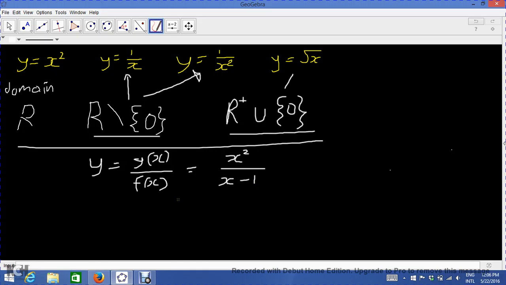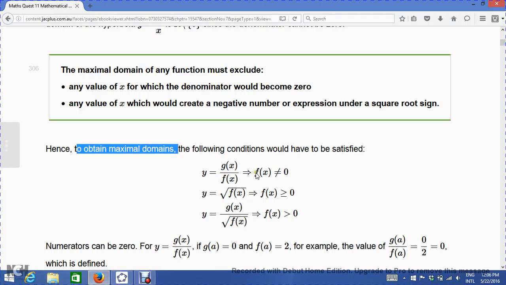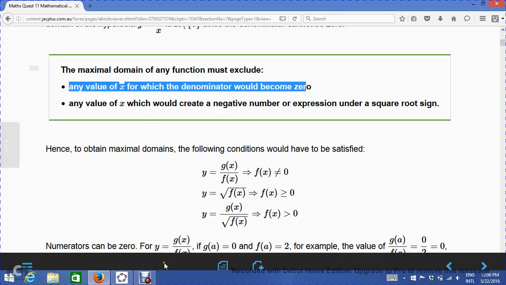Just as an example, so we've got two functions, one on top of the other. Now, it's similar to this one, because we've got something over x. So we have to say f of x can't be 0.